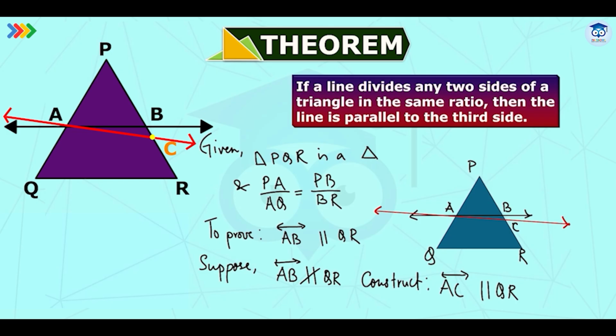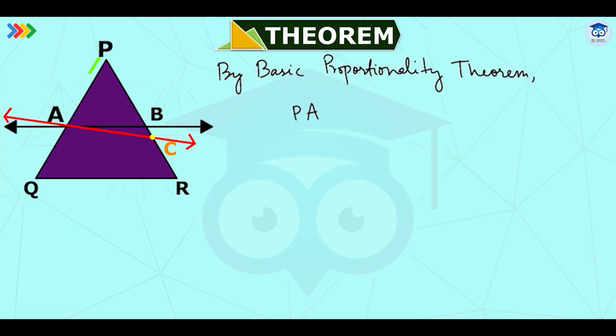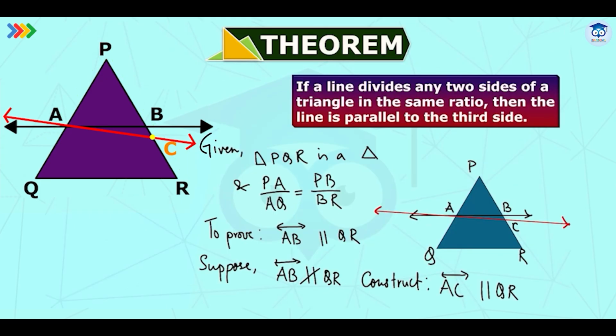Then we will apply the basic proportionality theorem. So by the basic proportionality theorem, we have PA upon AQ is equal to PC upon CR, because these two are parallel, AC is parallel to QR.